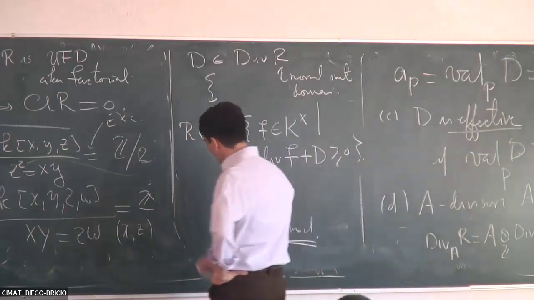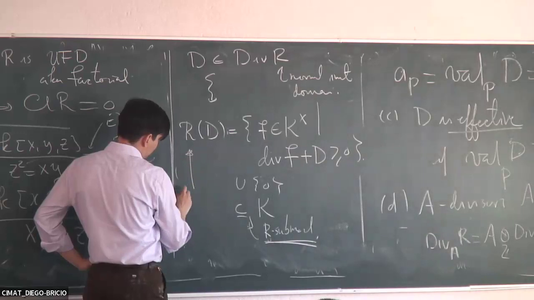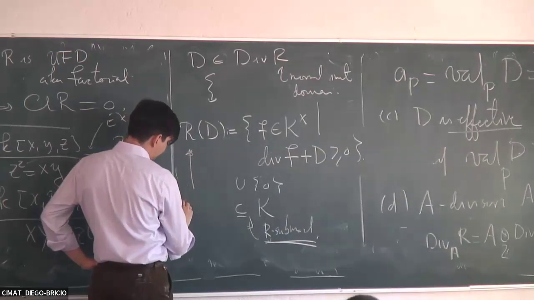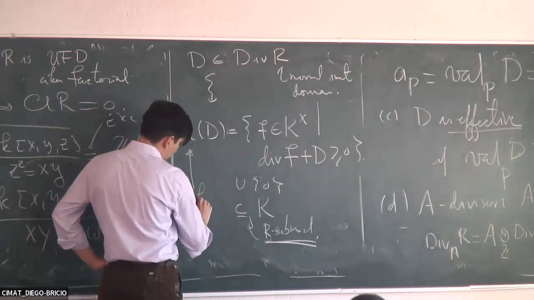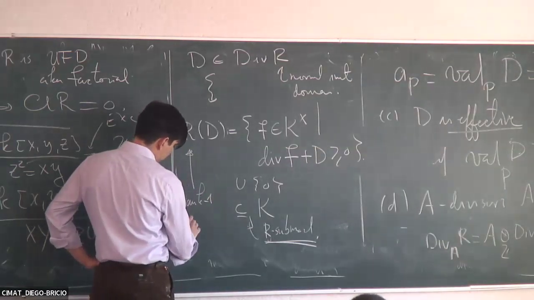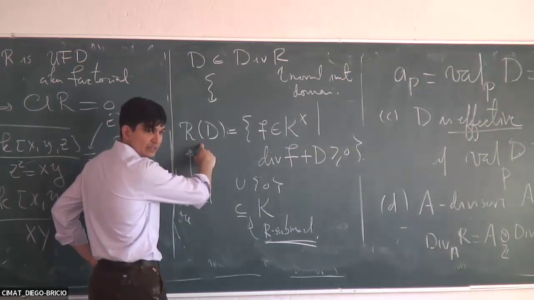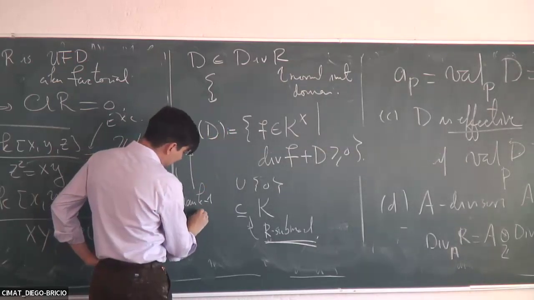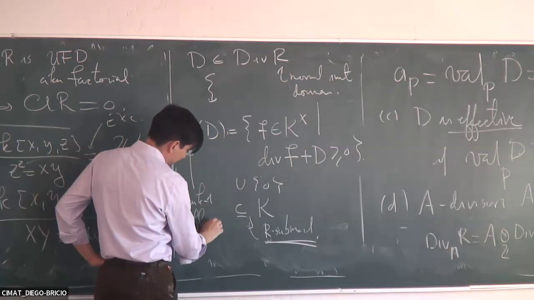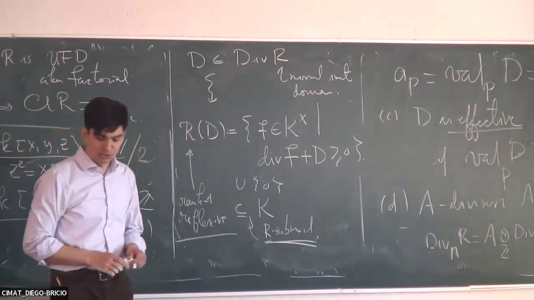So, well, this module here has two properties. First of all, it has rank 1. Rank 1 means that when I tensor with K, the field of fractions, I get a vector space over K of dimension 1. And it is reflexive. It is S2.